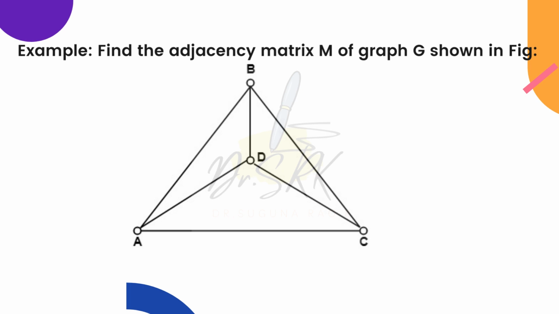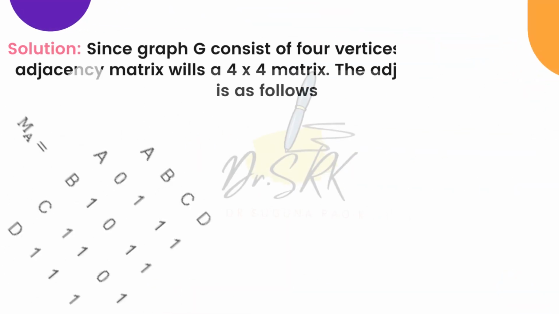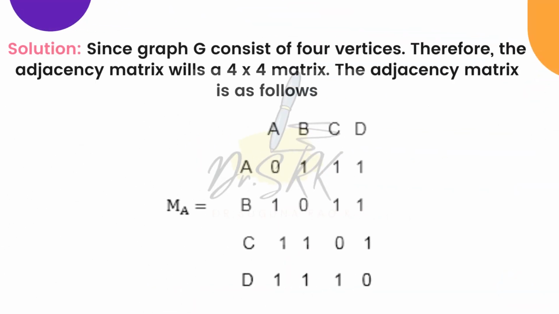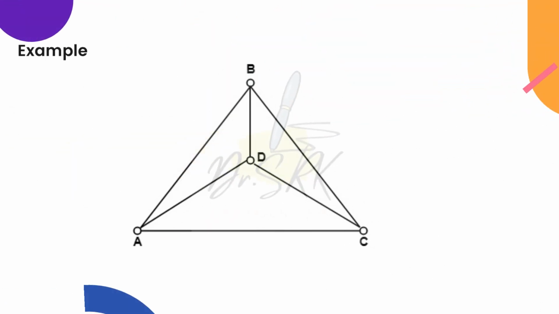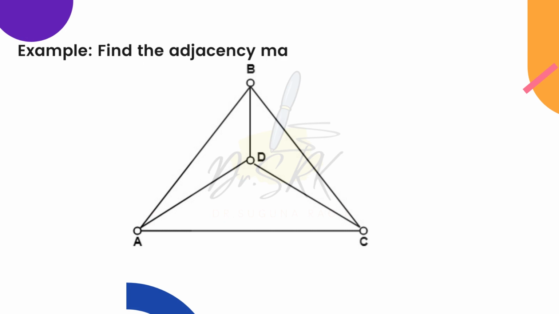So to represent the undirected graph in an adjacency matrix, look at how the adjacency matrix of the undirected graph is formed. Look at the diagram here. How many vertices are there? A, B, C, D. In total, there are four vertices. That's why we can write the adjacency matrix of order 4 by 4.